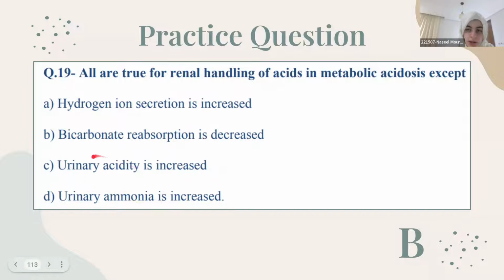For C, because you're excreting a lot of hydrogen in the urine, does the acidity of urine increase? Yes. Okay. For ammonia, does it increase in the urine? Yes, because remember NH4 plus goes out into the urine. Now for B, it's saying that the bicarbonate reabsorption into the blood is decreased. Is that true? No, because you do increase the reabsorption of bicarbonate, so that you can make the blood more basic. Okay, you got it?